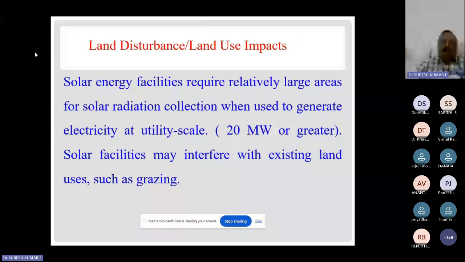Now, land disturbance or land use impacts. Solar energy facilities require relatively large areas for solar radiation collection. If you are traveling through the highway between Kochi and Trichy, you can see Nedumbassery, Cochin International Airport. There you can see a huge area of high-cost land, with solar panels.